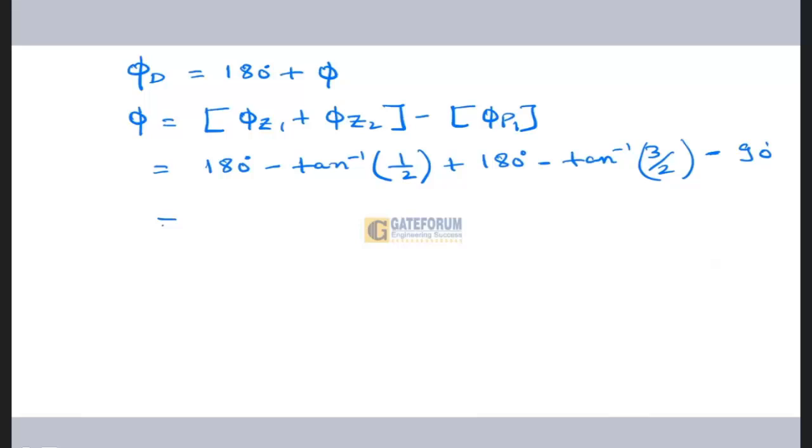So I can write this as 360 degree, okay, 180 plus 180 is 360, minus tan inverse 1 by 2 minus tan inverse 3 by 2 minus 90 degree. Let us see what you are getting.